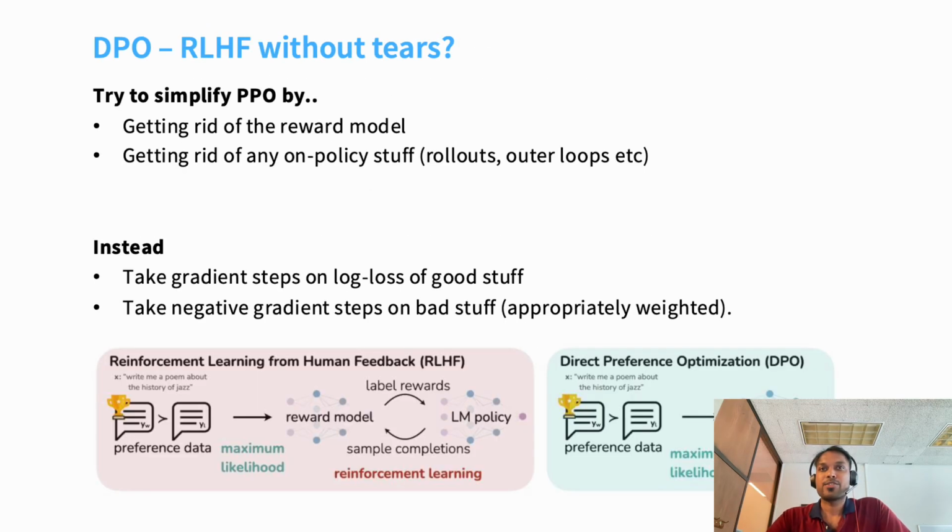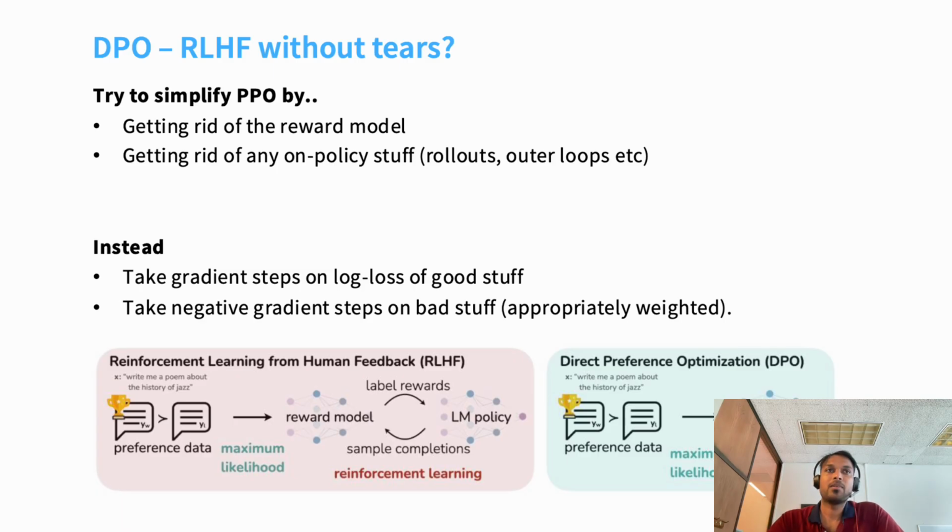So there were many efforts to try to make a supervised equivalent of this RLHF PPO objective, and not many successful efforts. But one of the most successful attempts was DPO, direct preference optimization. DPO was able to get rid of the reward model as well as a lot of on-policy stuff like the rollouts and the policy correction.